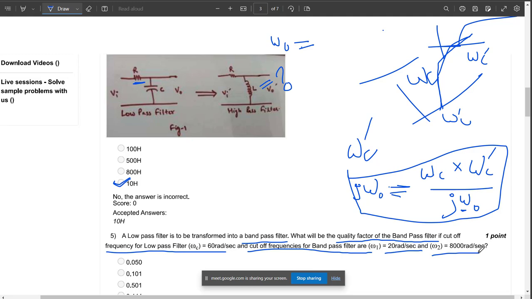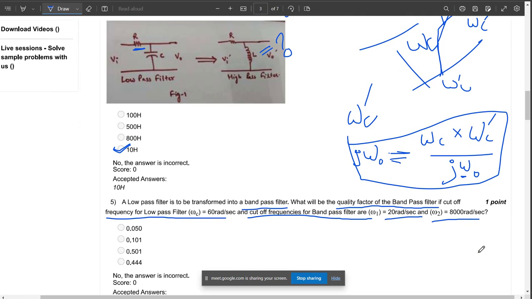Here it is saying a low pass filter is transformed into a band pass filter, and the first thing that you have to find out is the quality factor.